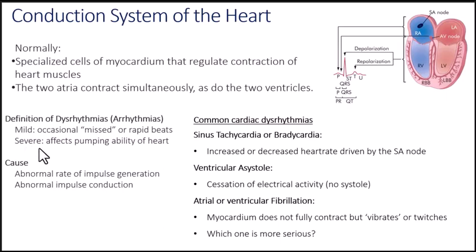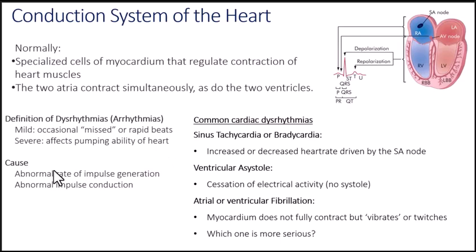In more severe cases, the dysrhythmia can be enough to affect the pumping ability of the heart. And so if that SA node's not working properly, somebody might need a new SA node in the form of a pacemaker. If the normal rate of our heart beating is affected, then, as you know, it's going to impact how tissues are going to be perfused with oxygen.